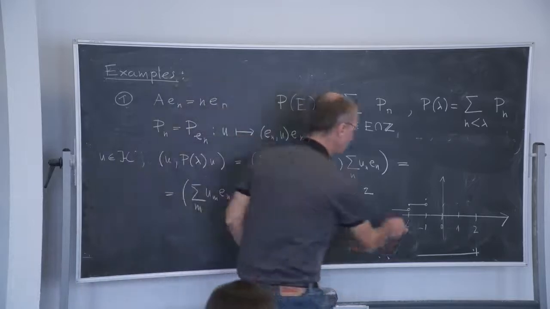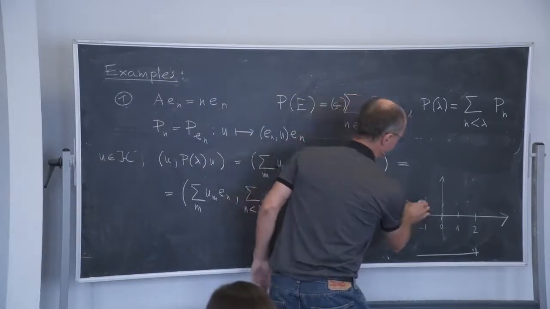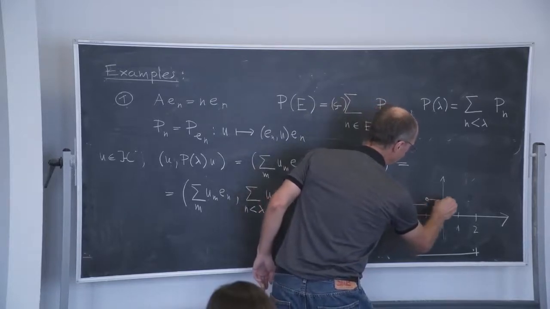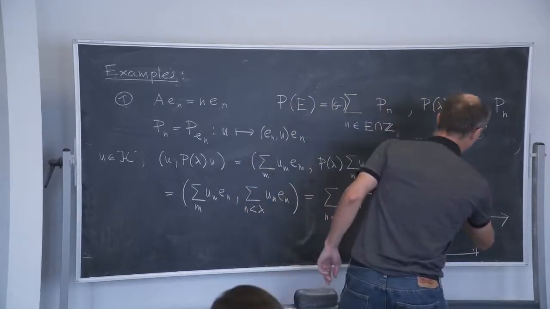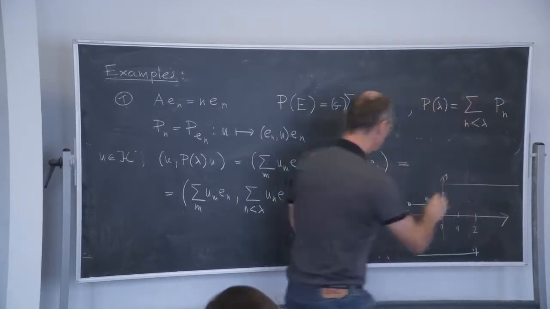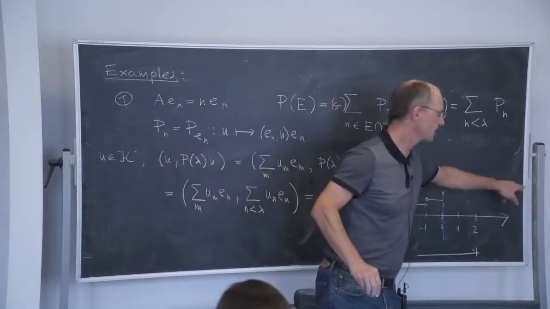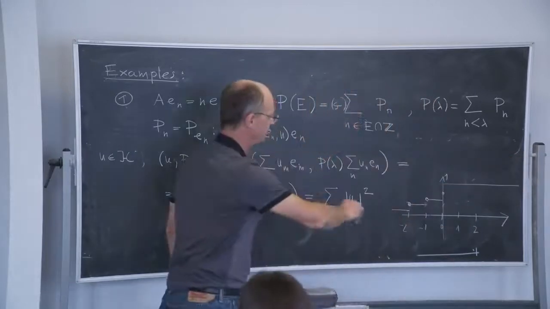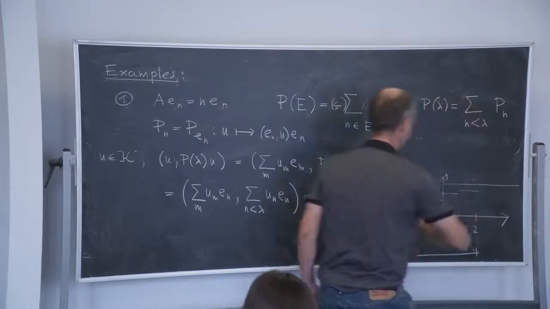I think it's like this. Maybe you shouldn't trust me, you should check which value is excluded. So it goes from 0 at minus infinity to 1 at plus infinity. So this is a function which increases in steps.